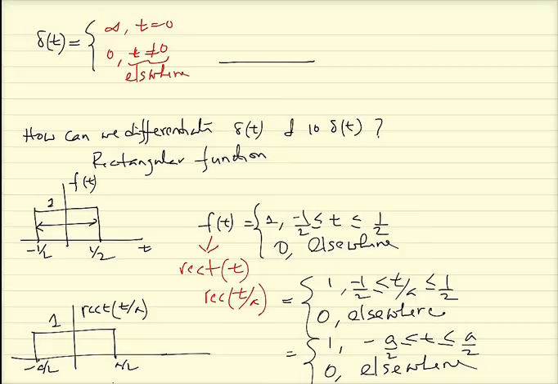So now if you plot it here, suppose this is t, starting from 0. Everywhere this value is 0, here is also 0, but at t equal to 0 you get an infinite value.